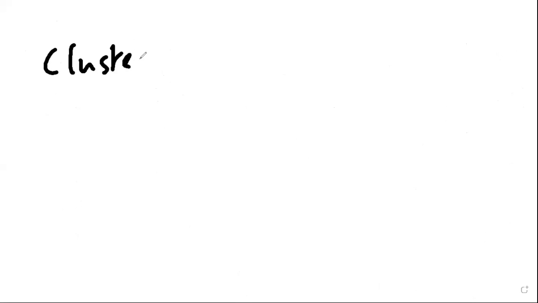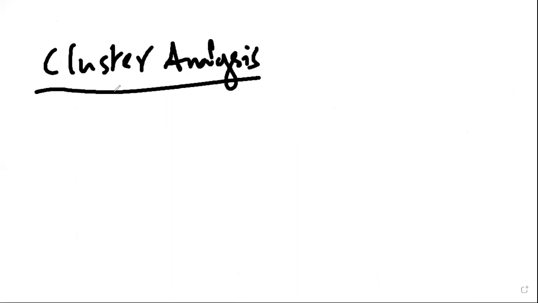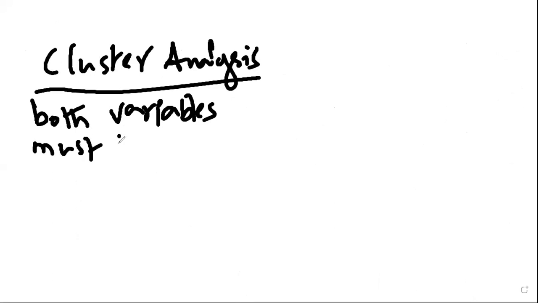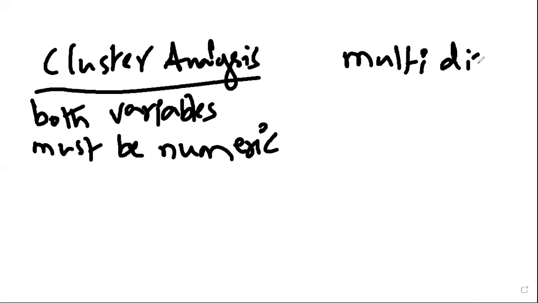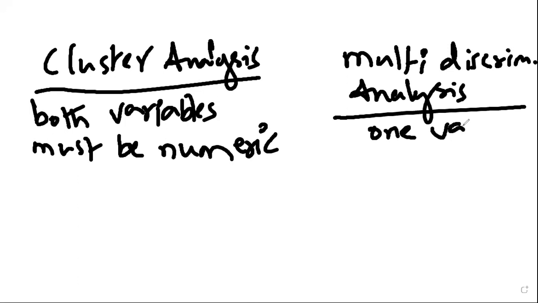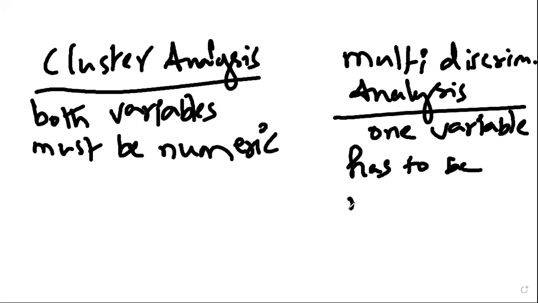Cluster analysis considers both variables must be numeric, while in multidiscriminant analysis one variable has to be non-metric.